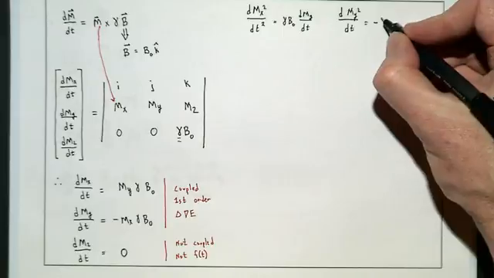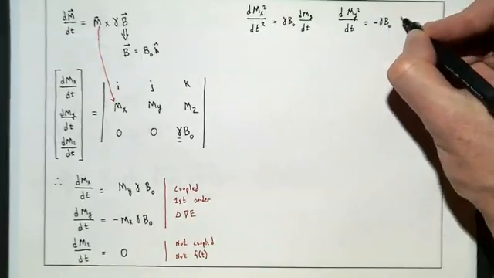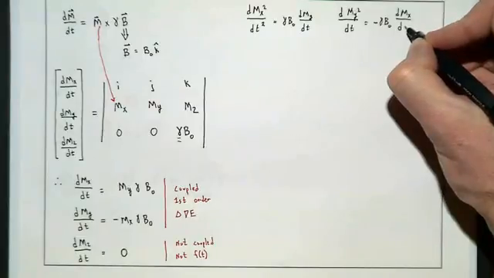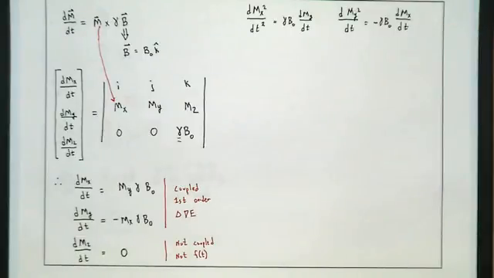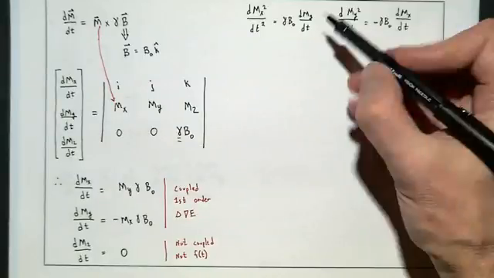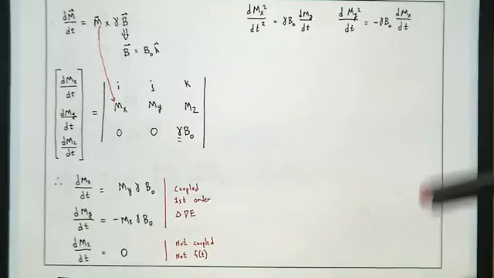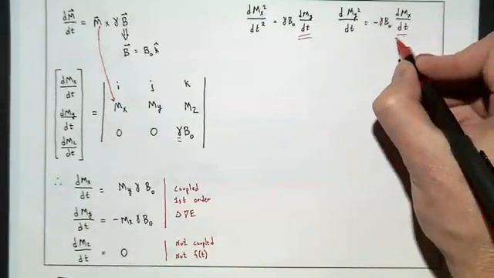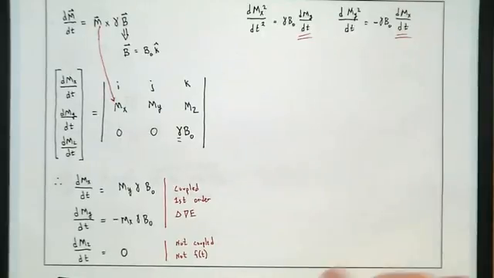So I have minus gamma B0 dmx/dt. So that helped a little bit, and what it really helped is that now I can make a substitution into either of these terms, right? This term here, I have another expression for, and this term here, I have another expression for. They're the first-order expressions that I had.